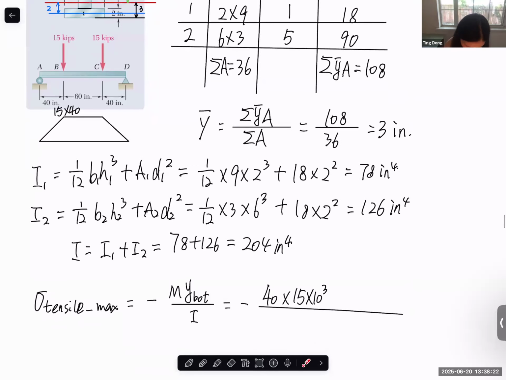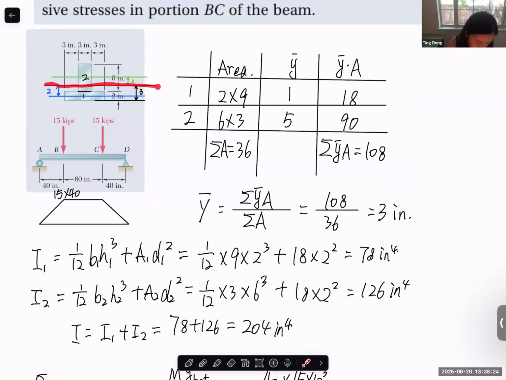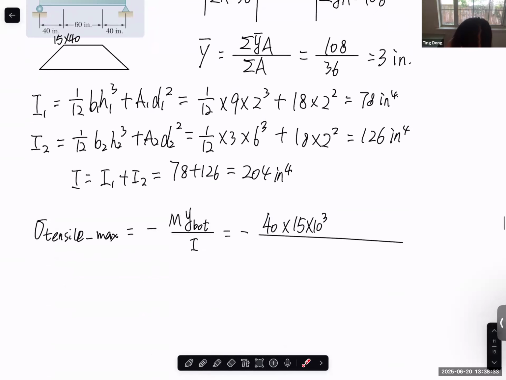Y bottom: the origin of the coordinate system is here, and this is below, so it should be -3. And then in the end, you get a positive value, right? It becomes the maximum tensile stress, 204 inch to the fourth. So everything is in pounds and inches.